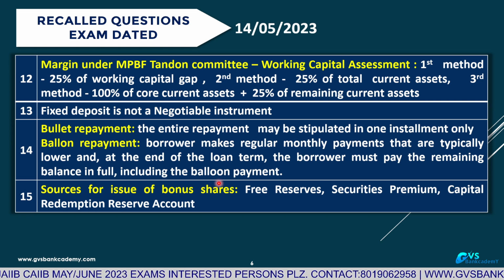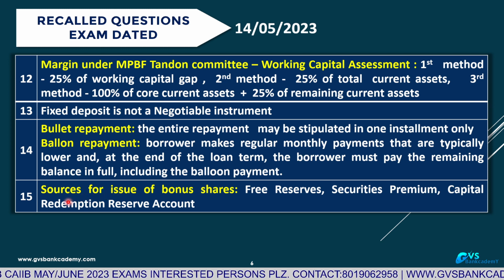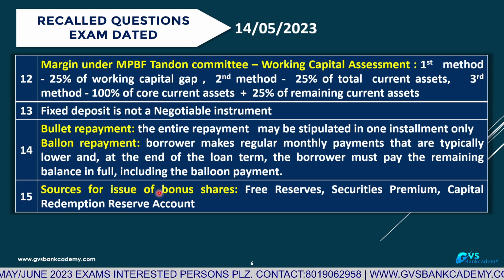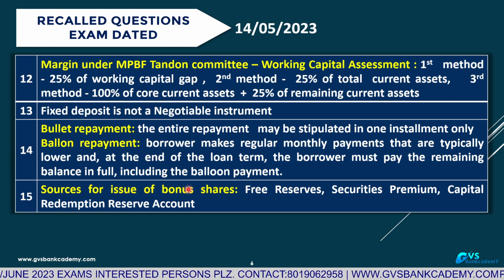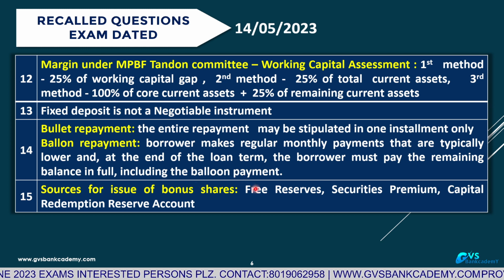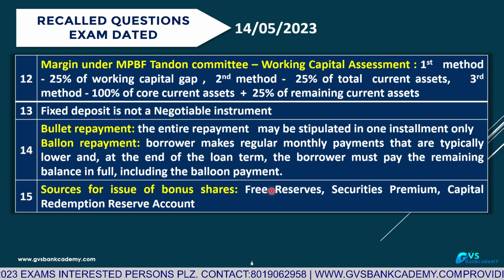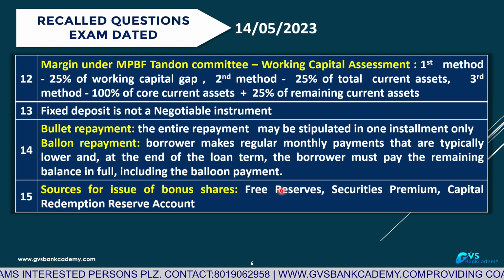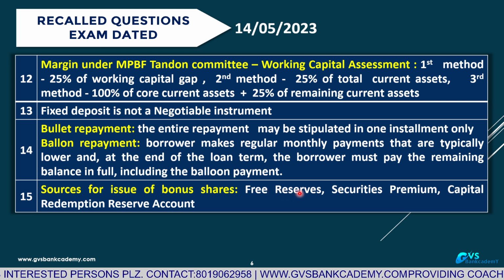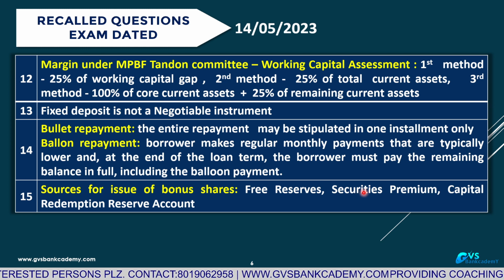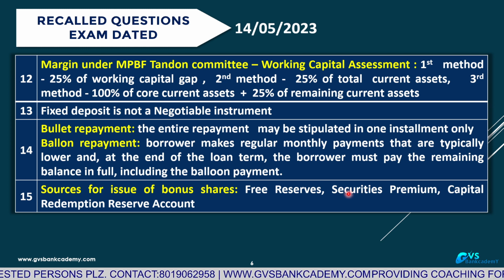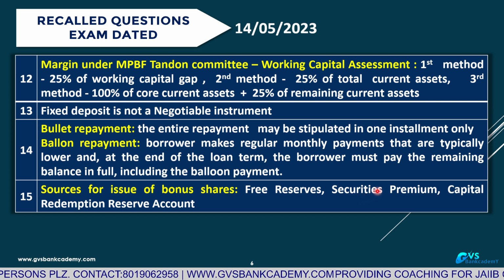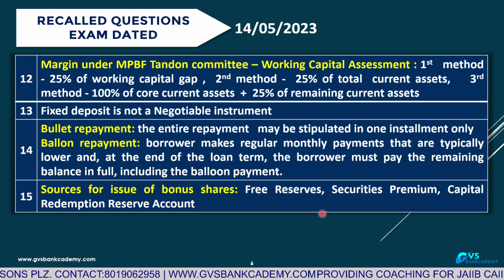Then question number 15, sources for issue of bonus shares. How are companies issuing bonus shares freely to existing shareholders? What is the main source? Free reserves created by companies; securities premium, the excess price collected from shareholders at the time of public issue or follow-on issue; and the capital redemption reserve account.